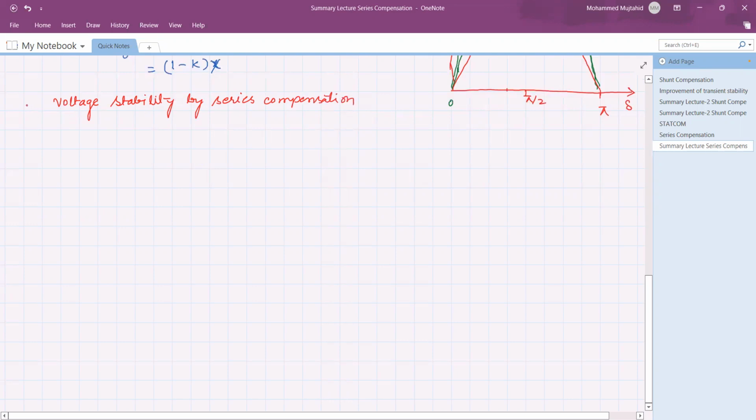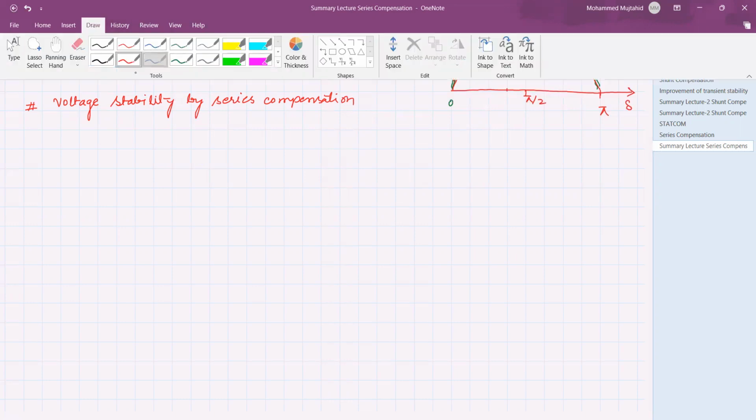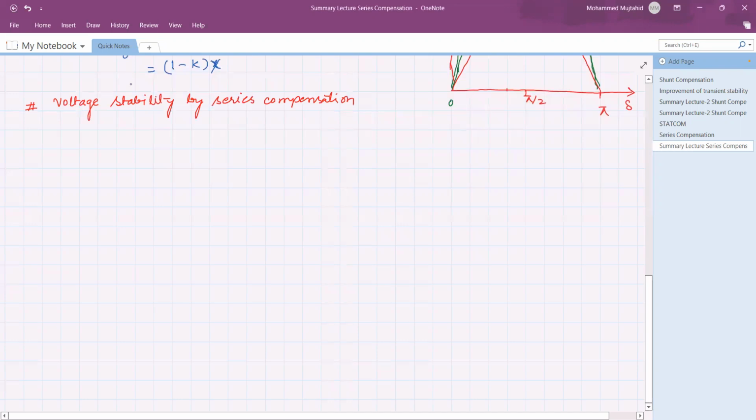Series compensation. Definitely, similar to the shunt compensation, we have seen the radial transmission line or radial system. Again, we will consider the same radial transmission system. So this is the sending end, connected with a variable capacitor.